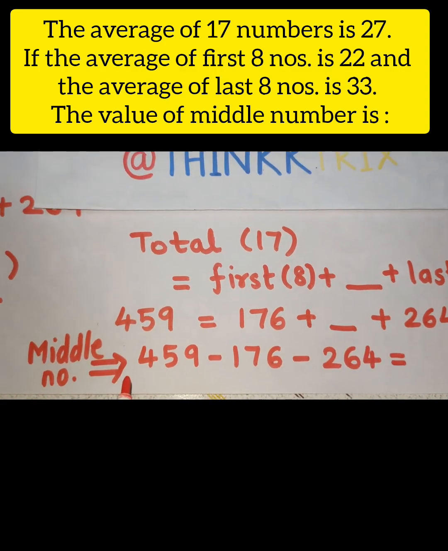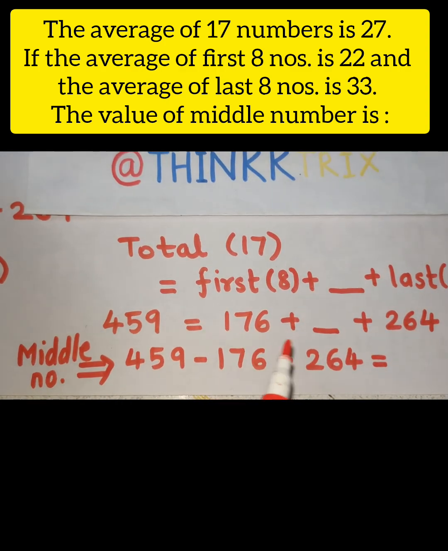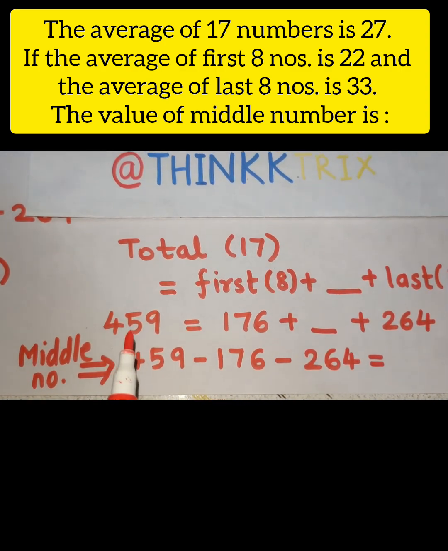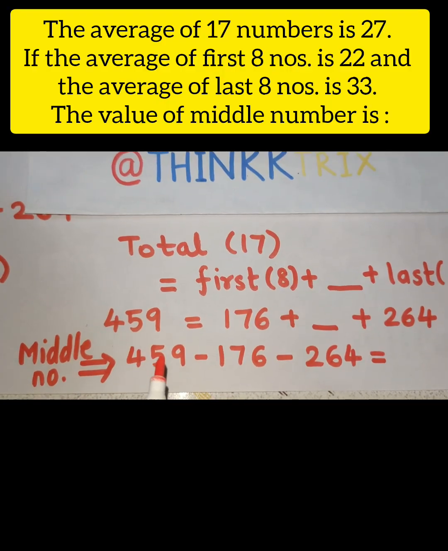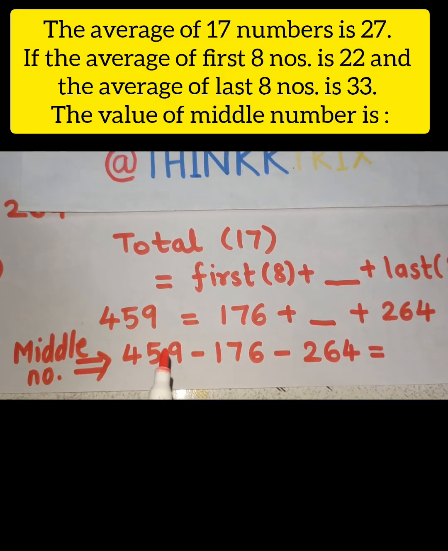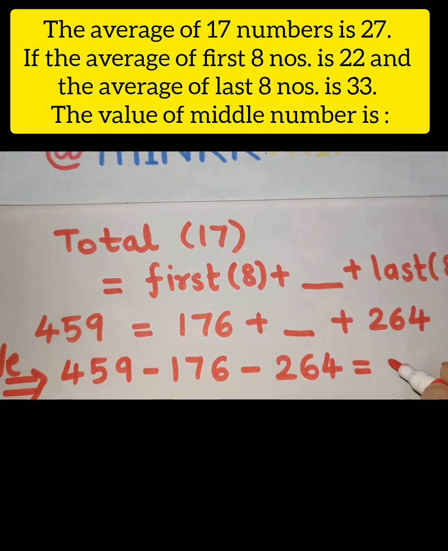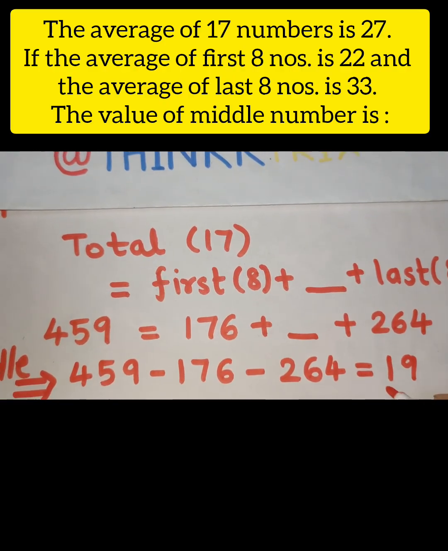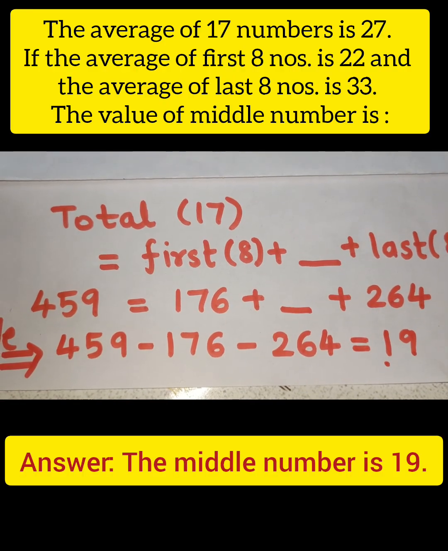So to find the middle number, we need to subtract 176 and 264 from the total of all 17 numbers, which is 459. On subtracting all these values from 459, we will get 19. So the middle value is 19.